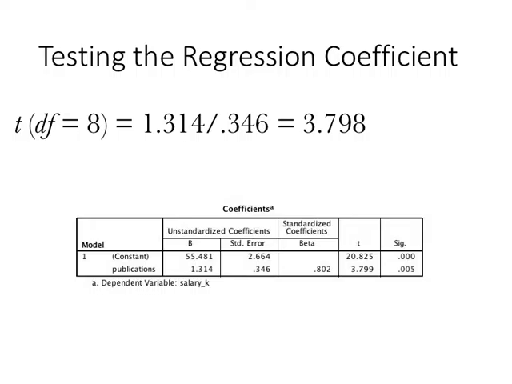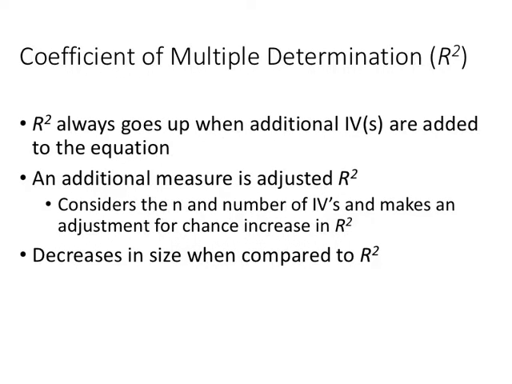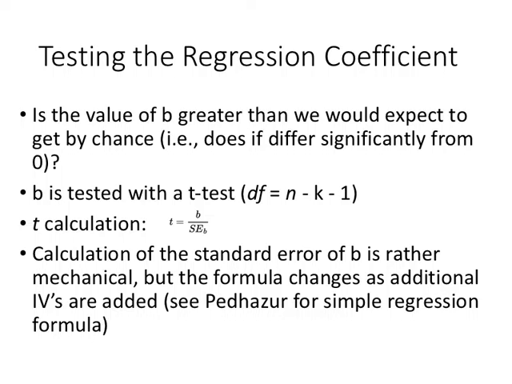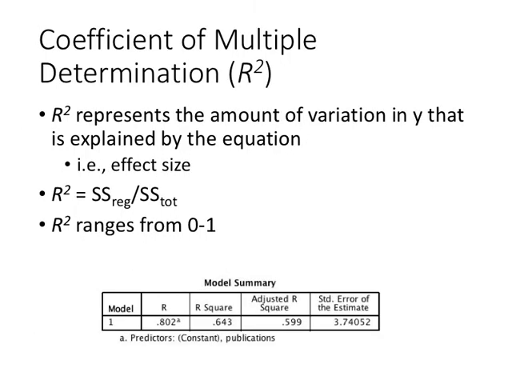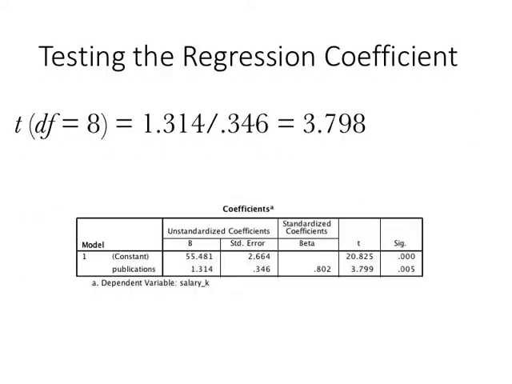Pavitra? My standardized coefficient beta value and my R value are the same in this instance. Is it the same here too? So we have 0.802? Yeah, so I guess that's an observation that R is the same as the beta.